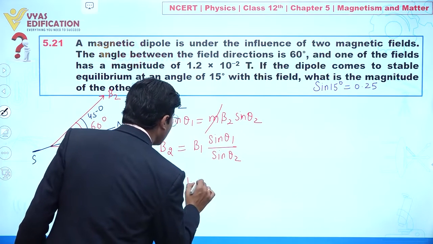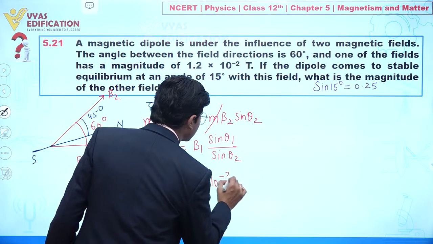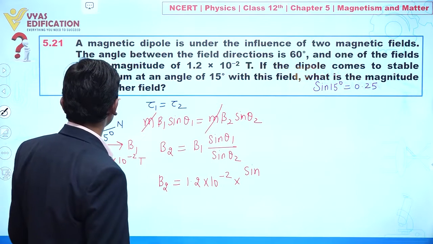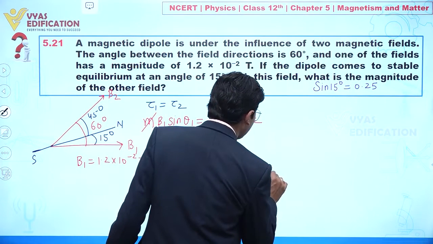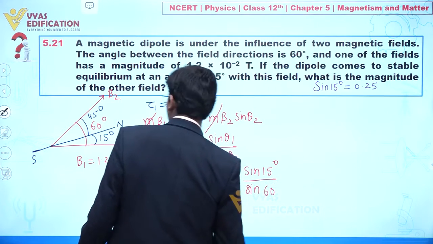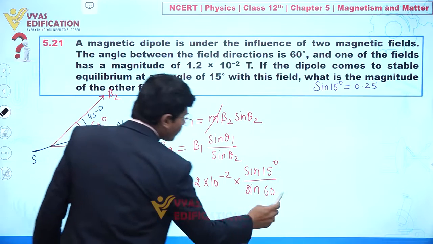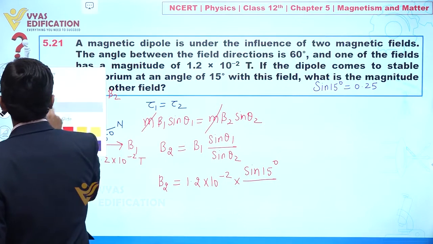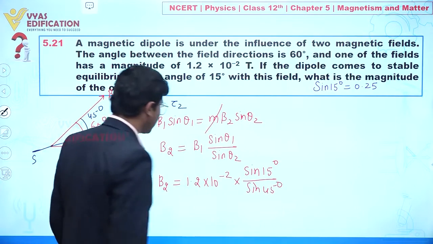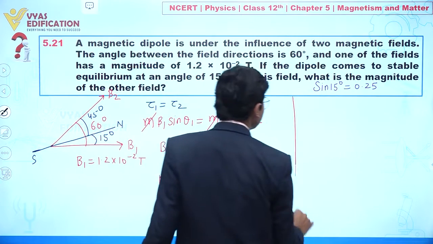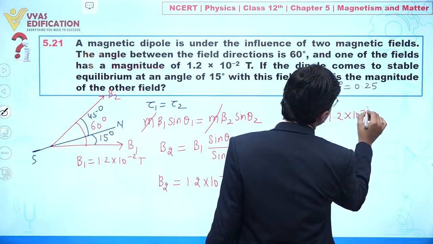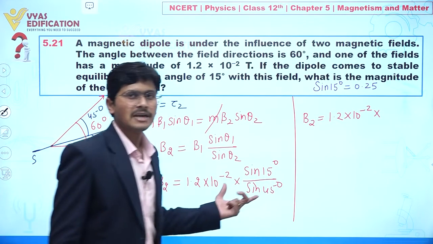So the value of B2 is given by B1, which is 1.2 into 10 to the power minus 2, multiplied by sin theta 1, which is sin 15 degrees, divided by sin 45 degrees.